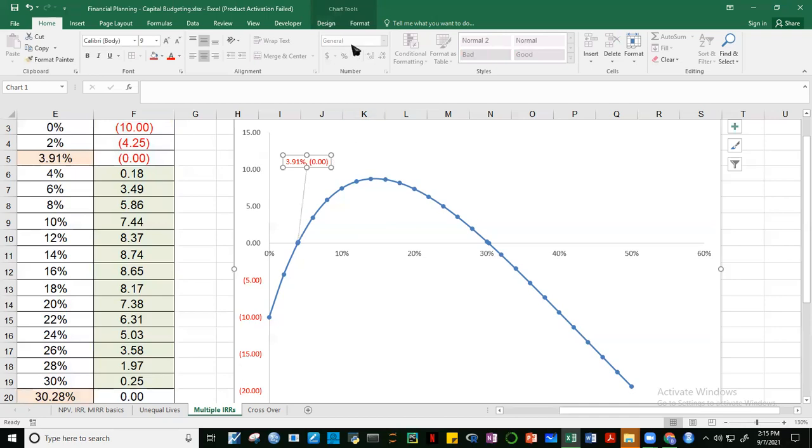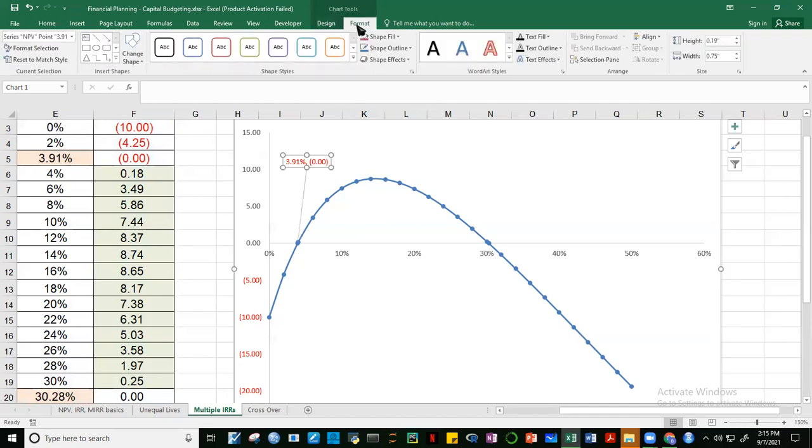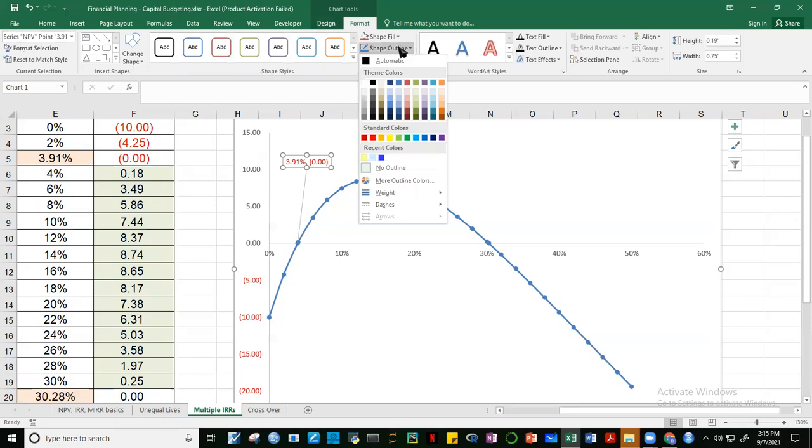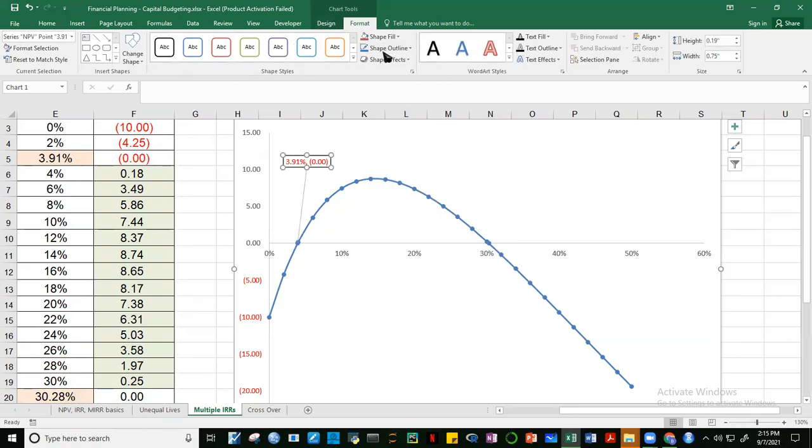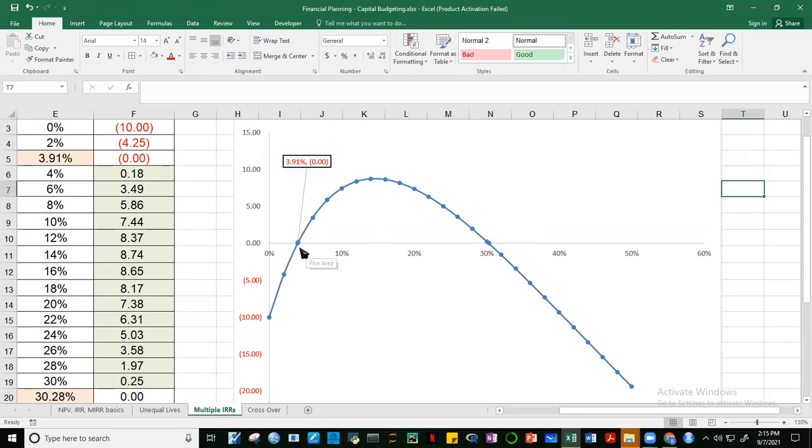Okay. And then maybe i-format natin a shape outline. Lakihan lang natin outline para mas makita siya. Okay, yan lang, no? Okay, so ito guys, ito yung NPV natin na 3.91 and then the IRR na 3.91, the NPV is 0. No?